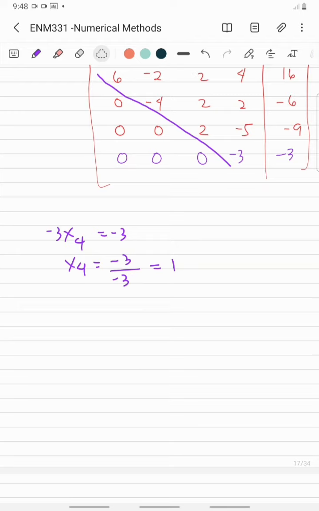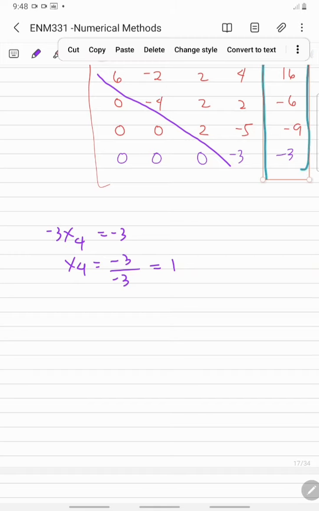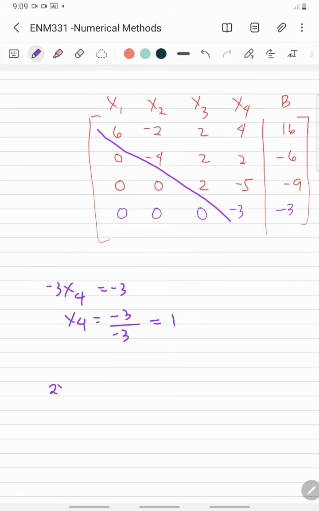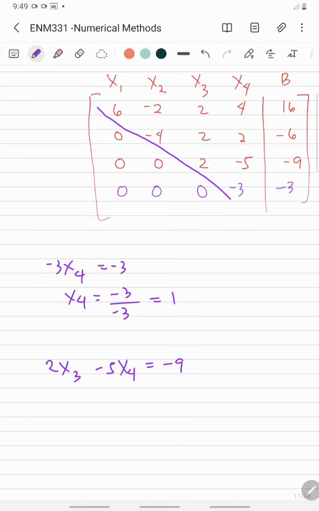Okay, this result can be back substituted into the second to the last equation. So we have 2x3 minus 5x4 is equal to -9. So we have to substitute the value of x4 to this equation. So we have 2x3 minus 5 times 1 equal to -9. So we have to transpose -5 to the right.